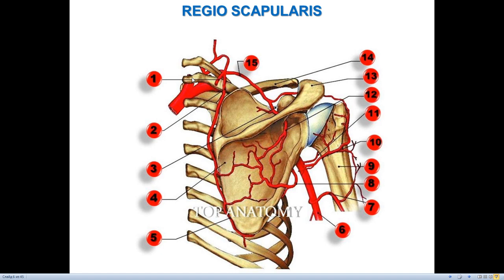And as you remember, the axillary artery is the main or dominant vessel in formation of the anastomosis.